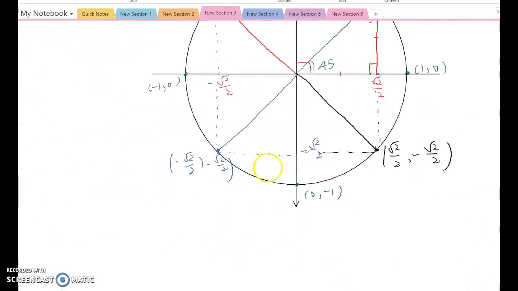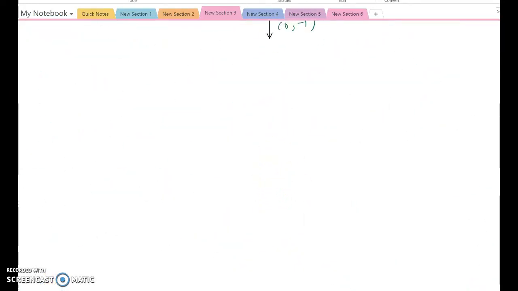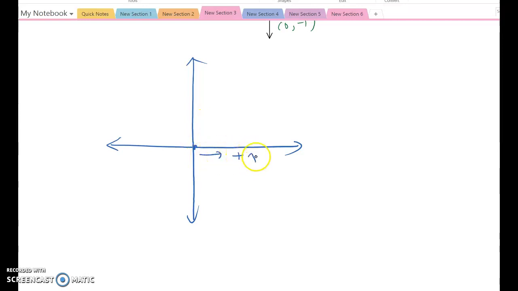So let's go down here. For the quadrants here, centering on the origin point, this direction is positive x, and this direction is negative x. Going up is positive y, going down is negative y here.